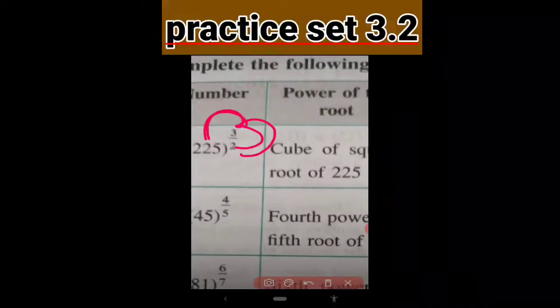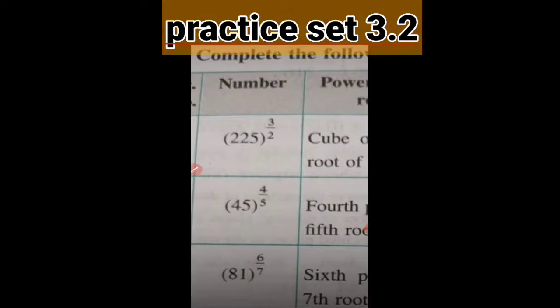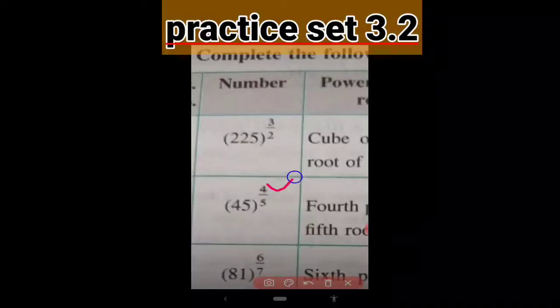Okay. Now the second example, 45 to the power 4 by 5. From power to root, the power is 4, so we start from 4.